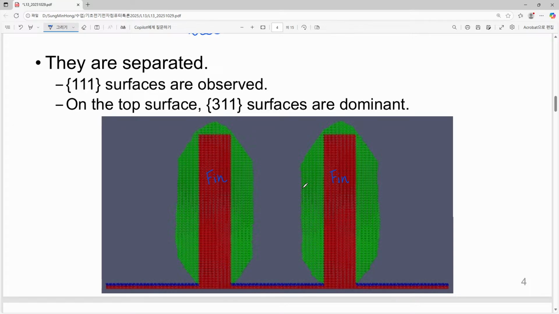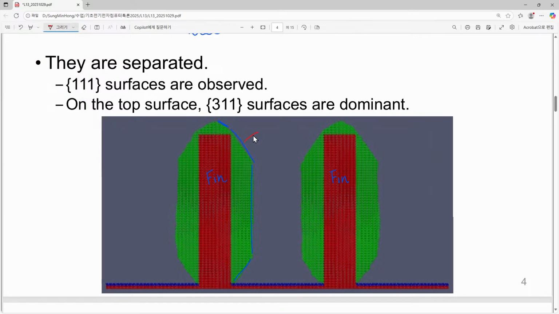When we have a look here, you can see a certain surface, and also other surfaces.